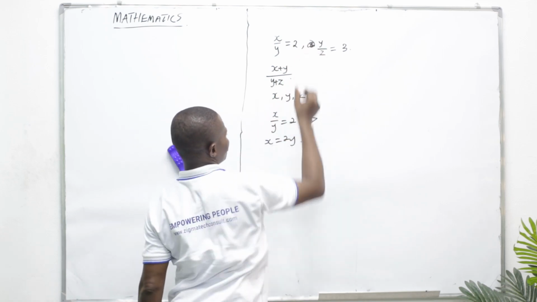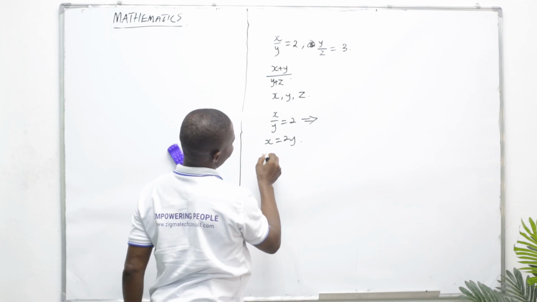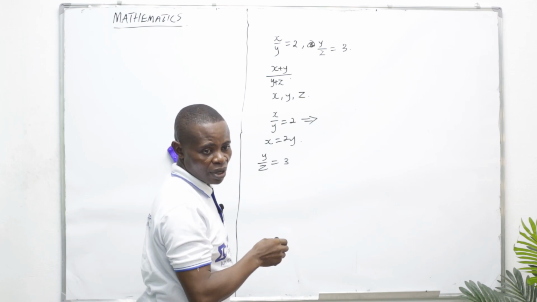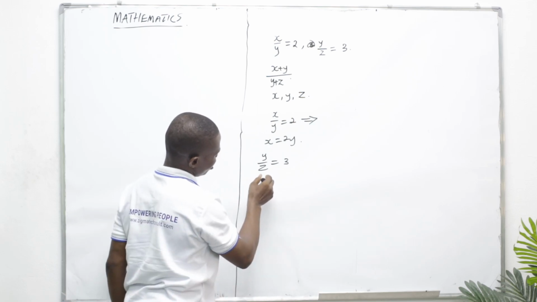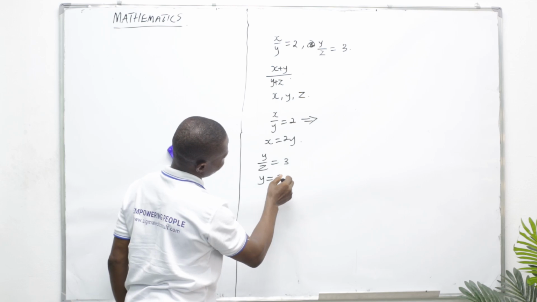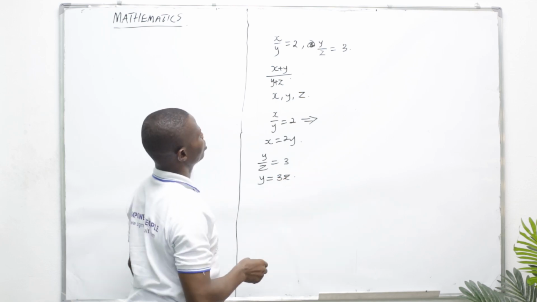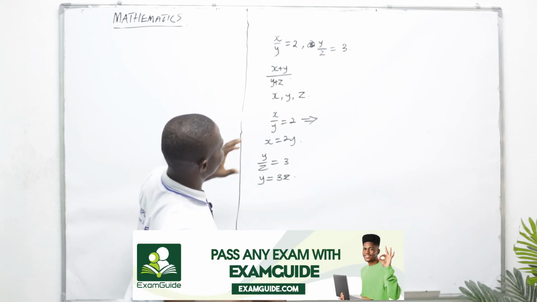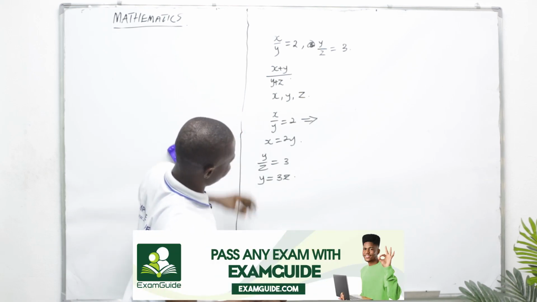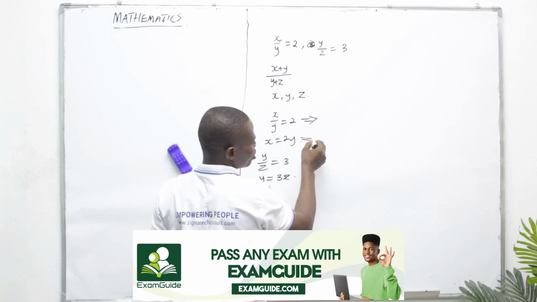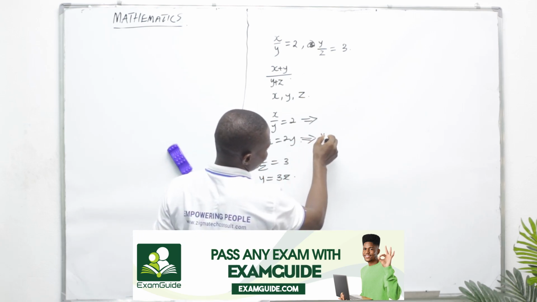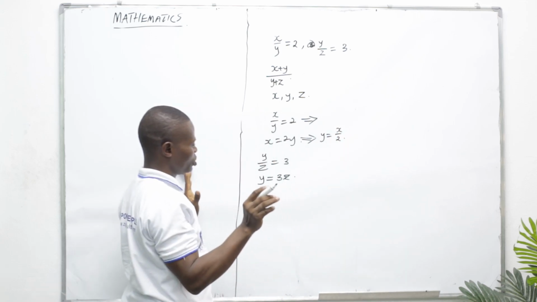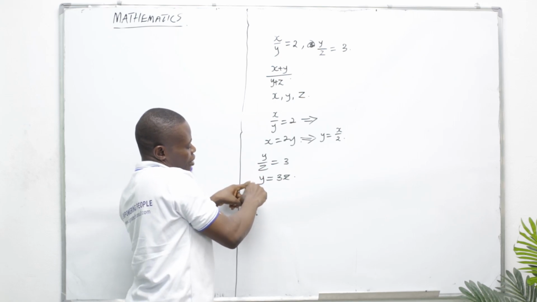Coming to this point, you can see that y all over z equals 3. At this point, one can also say y equals 3z. But is there any correlation here? No. Meaning we need to be very careful. At this point, you can decide to say that y equals what? x all over 2. No issue. So that here y is this.